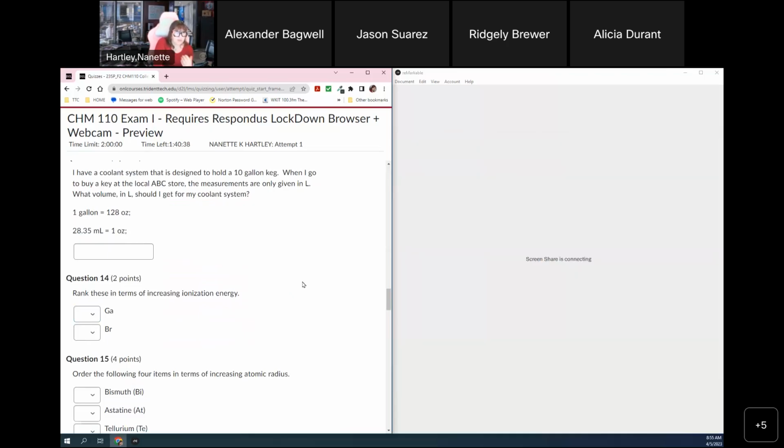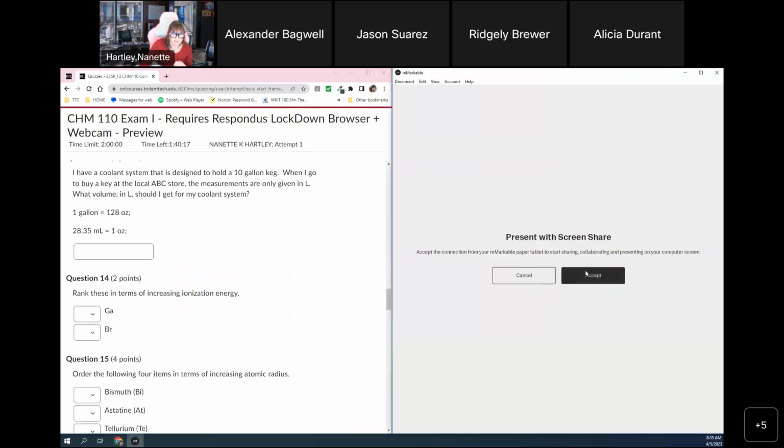I've been told that 1 gallon is 128 ounces. I also know that 28.35 milliliters equals 1 ounce. So I can go from gallons to ounces and from ounces to milliliters, which I can then use to get to liters.